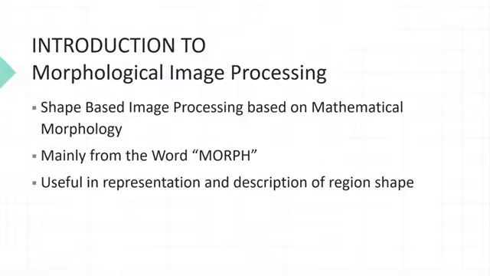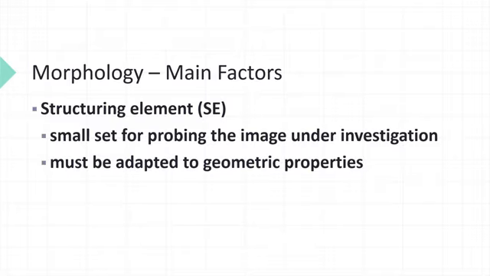Next, morphological image processing is mainly useful in the representation and description of region shape, meaning how the region shape must be, and it is useful in discussing the shape of the image. Next, what are the main factors of morphology?